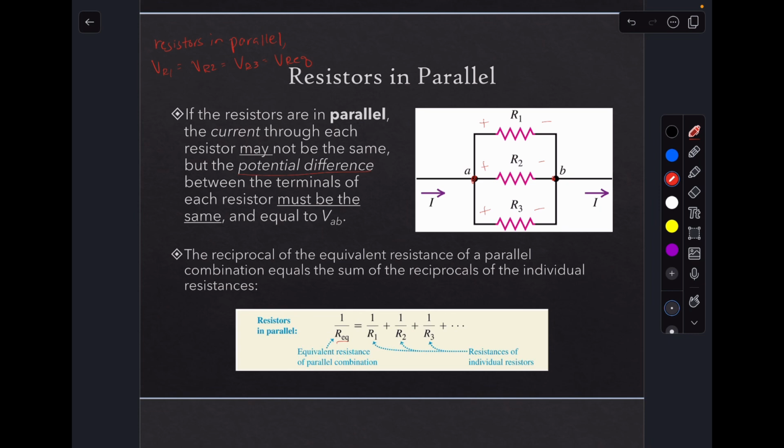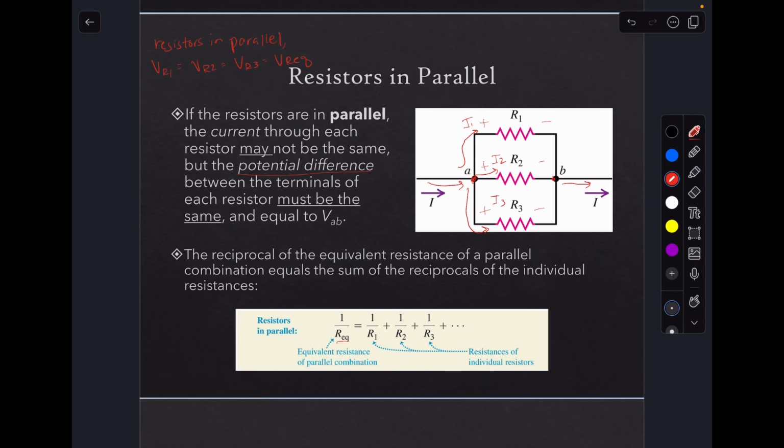Current, however: you can see here in this picture that the current entering junction A is going to be equal to the same current leaving junction B, but inside that parallel arrangement, that current I is going to split up into 3 different currents, I1, I2, and I3.